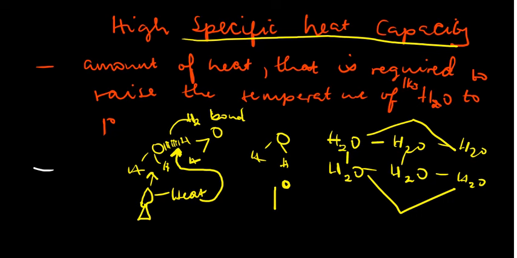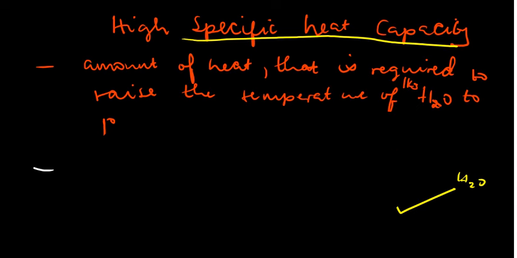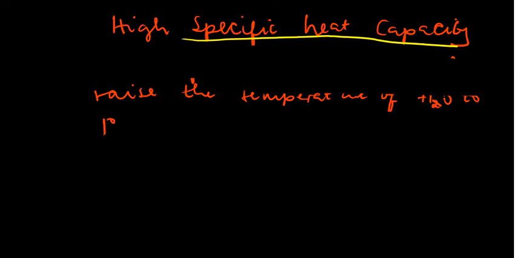Because of this nature, your cells are able to survive because the temperature does not easily fluctuate, or rather it doesn't easily change, because water has a high specific heat capacity. Because if that was not the case, on a very hot day it's possible for all the water in your body to evaporate if it was going to easily increase its temperature, but that doesn't happen because of this property of water. Okay, so that's high specific heat capacity.